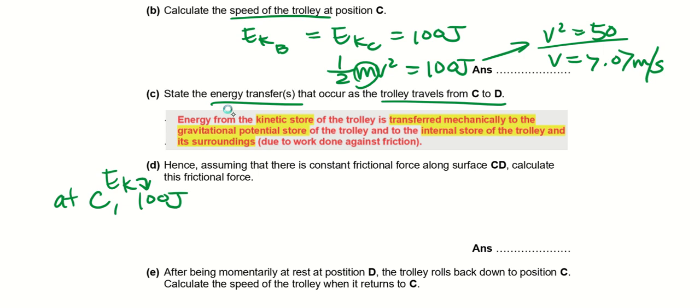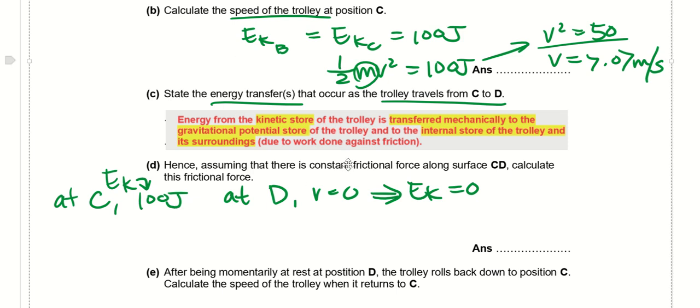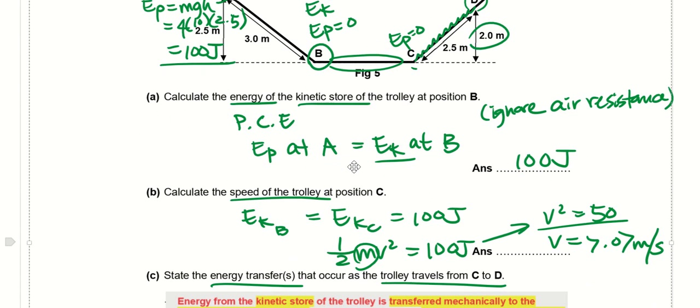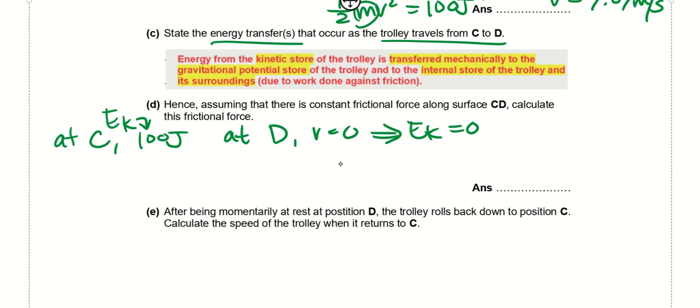Let us compare with the energy at D. At D, the V is 0, right? That means the EK is 0. But because at D there is a height of how much? Height is 2 meters.